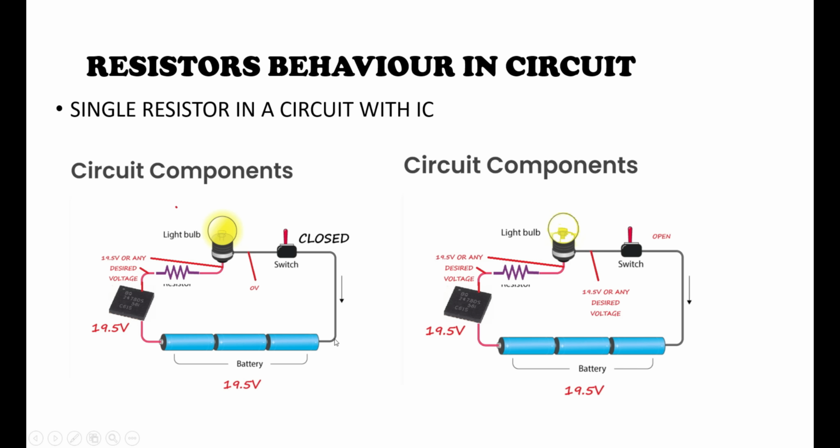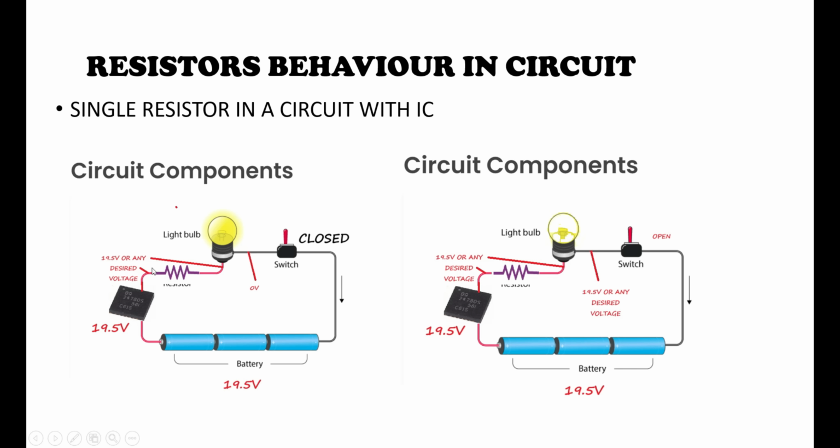Here is the positive and here is the negative. Now the source is connected to the IC, which is an active component. After this IC, it will connect to the resistor. Before the source of this active component, the voltage will be 19.5 volts. Okay, before the source of this IC, 19.5 volts.